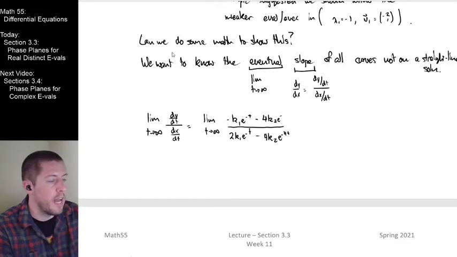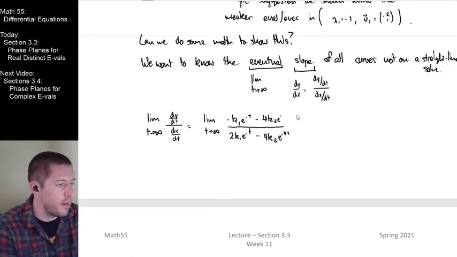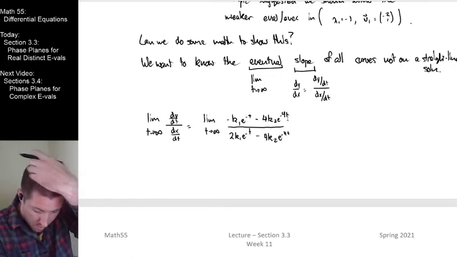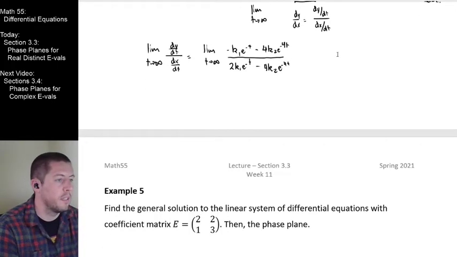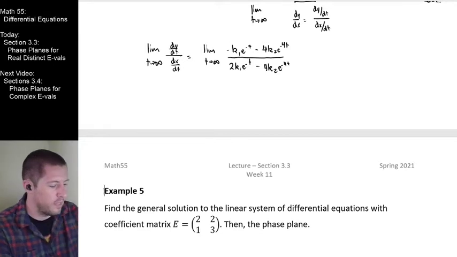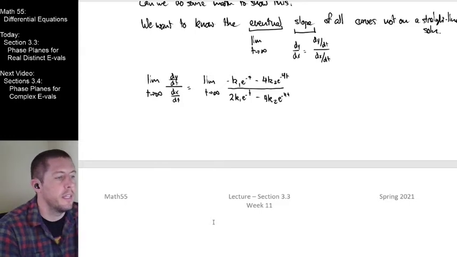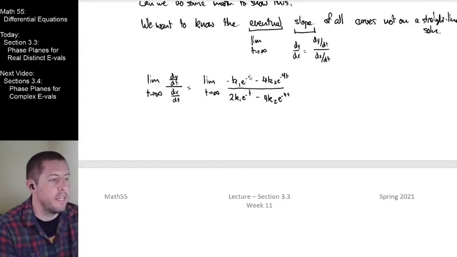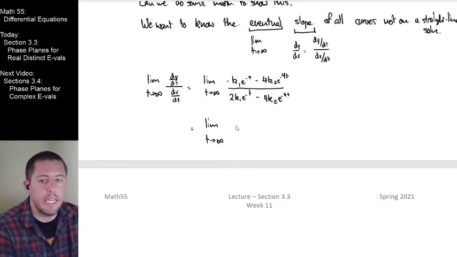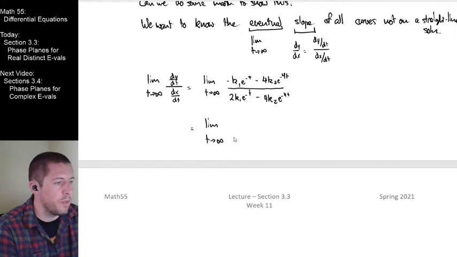So here's what I'm going to do. This is clearly not a super simple limit to evaluate right here, so let's be a little bit careful. Let's remind ourselves of some of the things that we all hopefully learned in Calc 1 to help evaluate some limits. I'm going to factor out this e to the negative t, the least common multiple that they've got between the two of them. So I'm going to do an e to the negative t on top and on bottom.